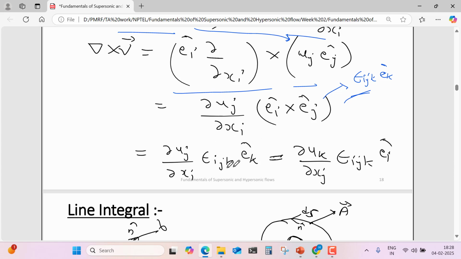So we got this. Now if you see this epsilon_ijk, we can change the indices in the cyclic form. So if we change i to j, j to k, and k to i, its value will remain the same, nothing will change. So we have changed it like this.